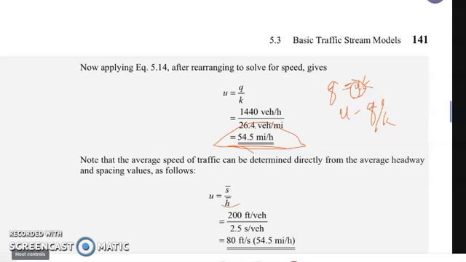If we substitute, we get the average speed of the traffic, denoted by U. We simply divide our average spacing value over our average headway, that is 200 over 2.5. So we get a value of 80 feet per second, or 54.5 miles per hour.